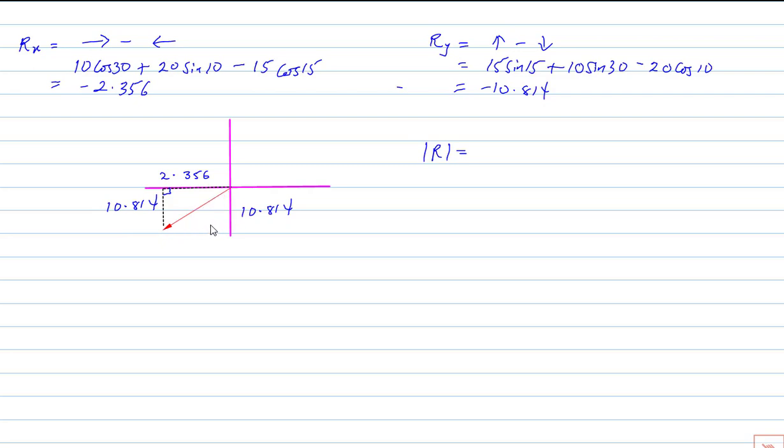From Pythagoras theorem, we know that the hypotenuse squared is equal to the opposite squared plus the adjacent squared. So in this case, the square of the resultant is equal to the square of the resultant in the x direction plus the square of the resultant in the y direction, leaving us with the resultant force equal to the square root of resultant in x squared plus resultant in y squared.